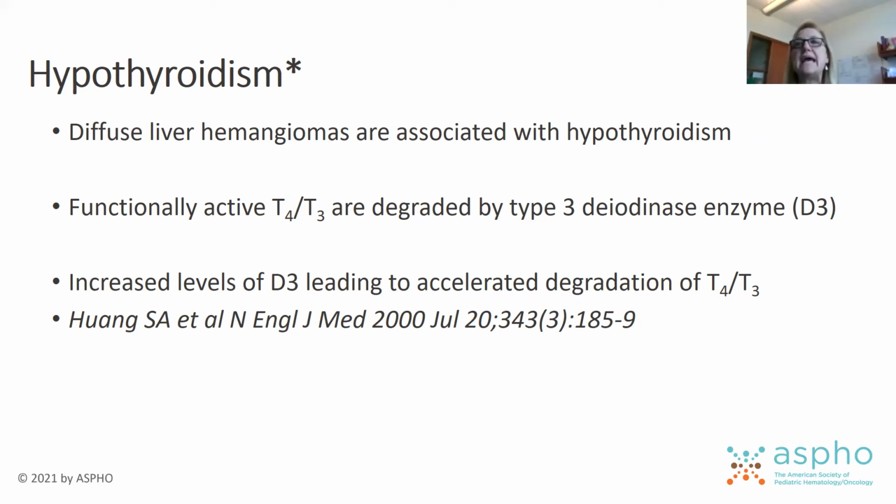So the functionally active T4 to T3 is degraded by type 3 deiodinase, and that's in the endothelial cells, and you have significant hypothyroidism. And this was reported in the New England Journal in 2000. This hypothyroidism is so significant that you can need 20 to 30 times the adult replacement of thyroid hormone.